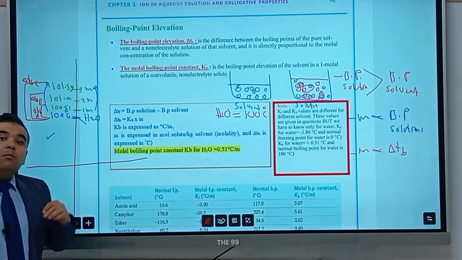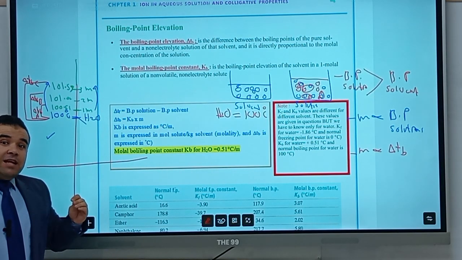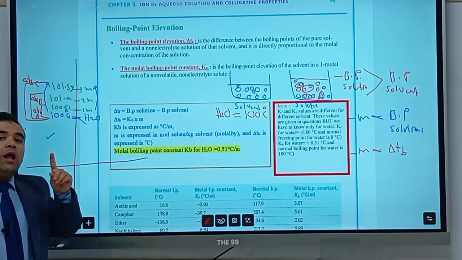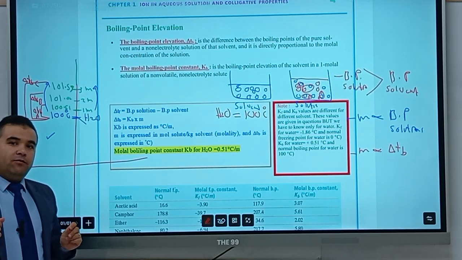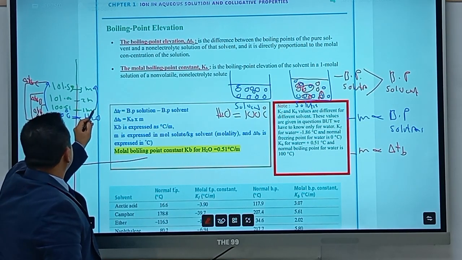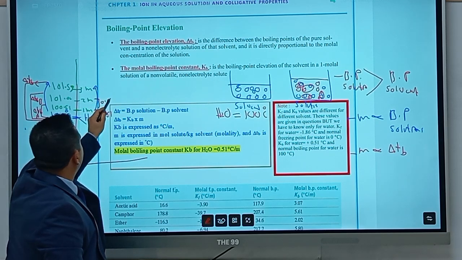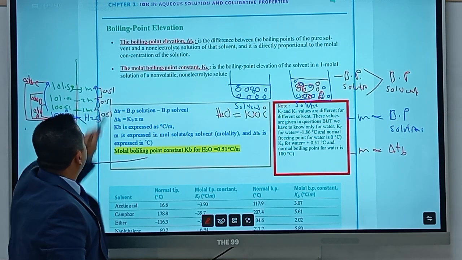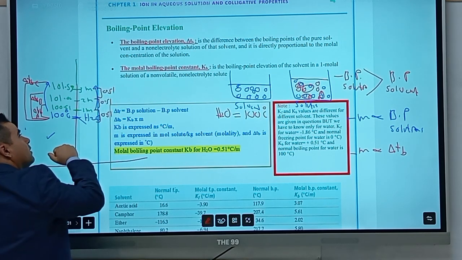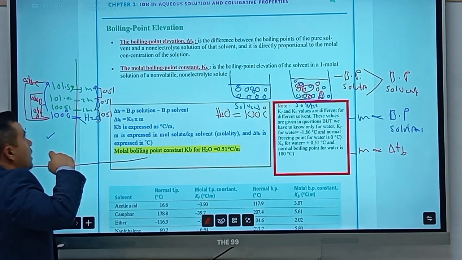It is the molar boiling point constant. It represents the elevation in boiling point for 1 molar of a non-electrolyte, non-volatile solute, and here the difference is 0.51, 0.51, 0.51. This elevation for 1 molarity is the Kb of the solution.